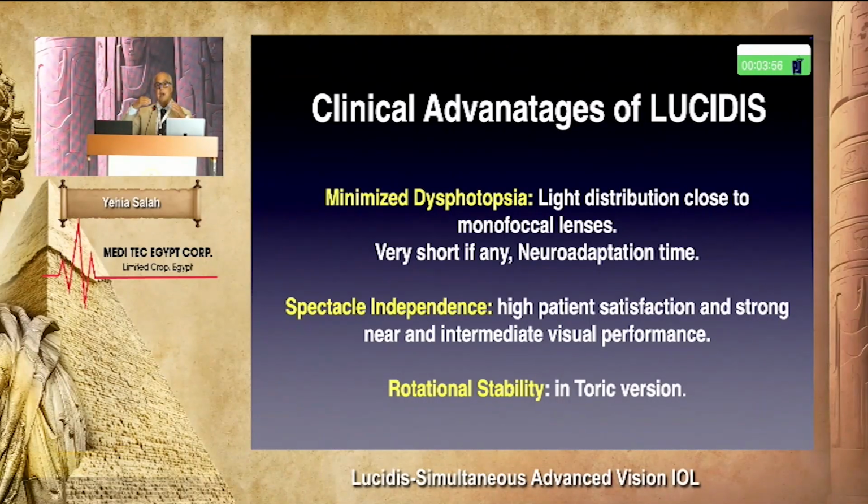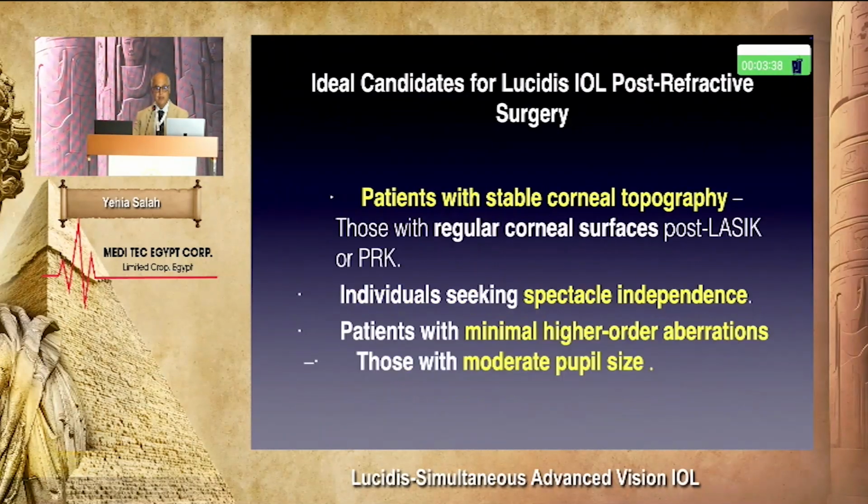We tell the patient you have neuroadaptation that will occur over 3 months, usually, because this almost behaves like a monofocal. So there is no splitting of light, I mean, there is no diffraction. So people adapt very fast, particularly if you're doing bilateral.